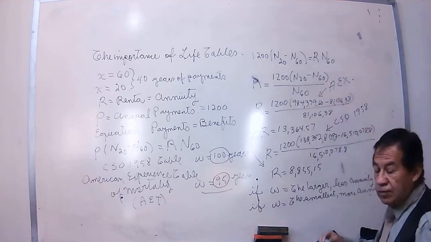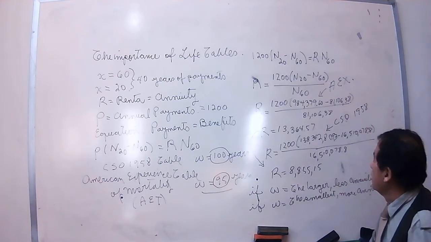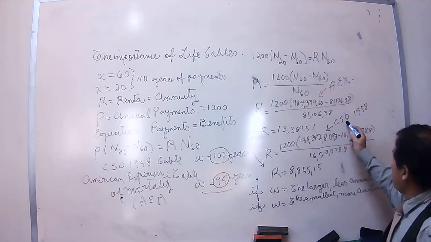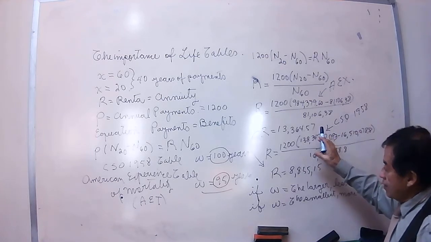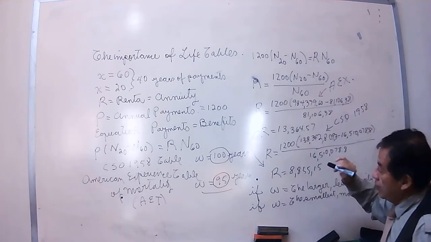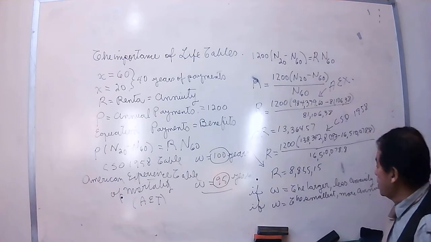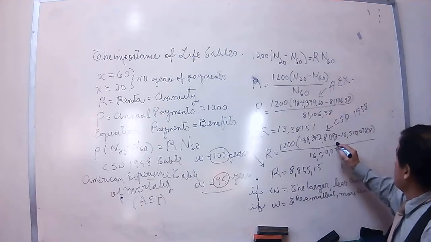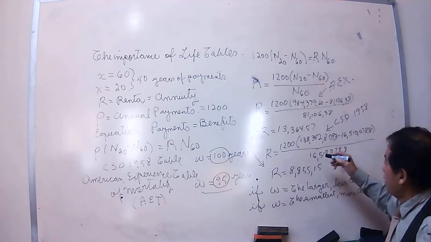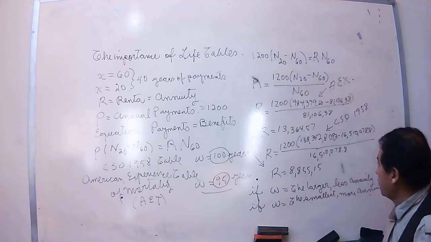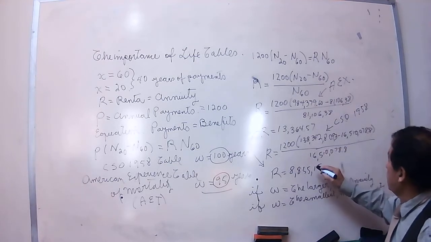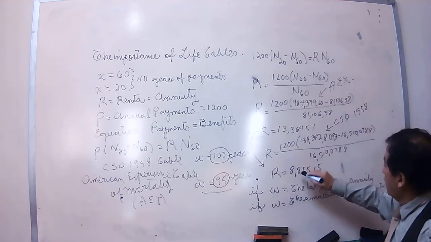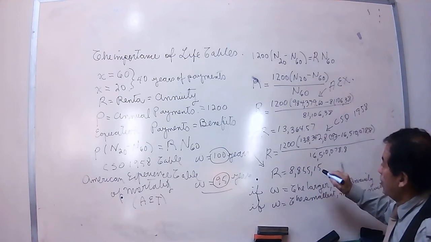For example, in the case of Latin America, it's better to use the American experience table, because this table is representing the probabilities of life of Americans or of Latin Americans. On the other hand, this other table was used for the United States, where people live more years, therefore we're using other amounts which will give us a smaller annuity per year.